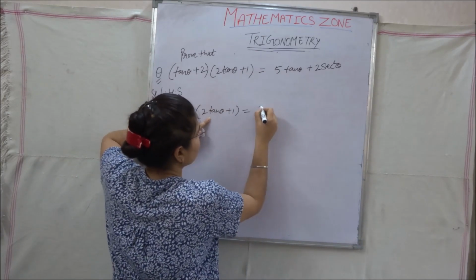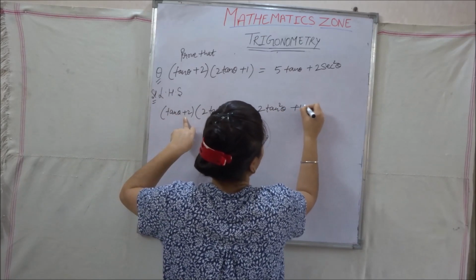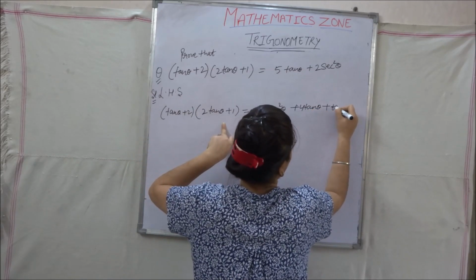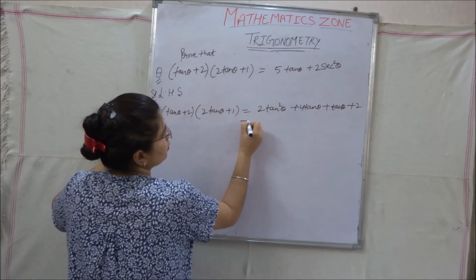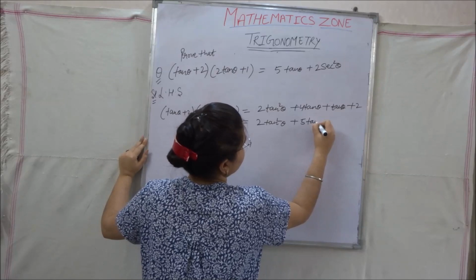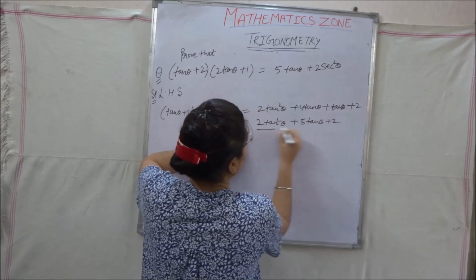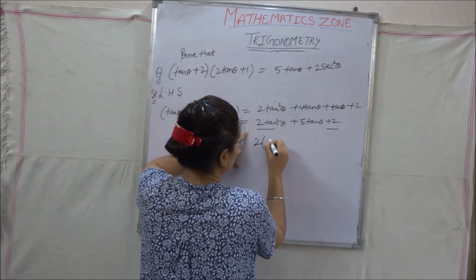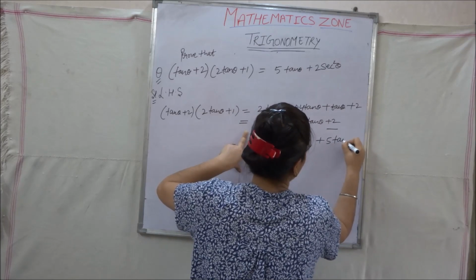Tan theta into 2 tan theta is 2 tan square theta, plus 4 tan theta, plus tan theta, plus 2. That gives 2 tan square theta plus 5 tan theta plus 2. Now taking common 2 from these two terms, 2 times tan square theta plus 1, plus 5 tan theta.